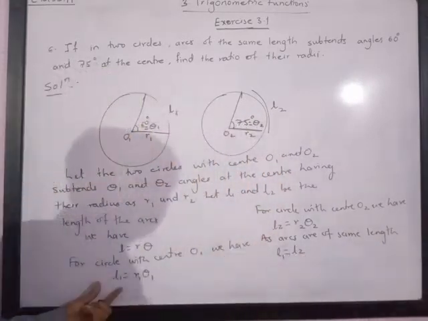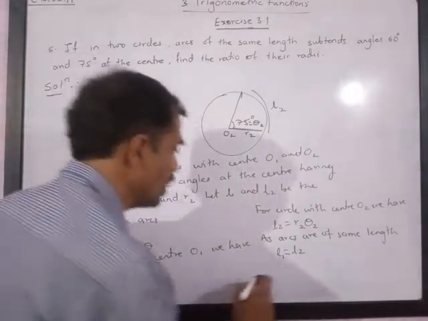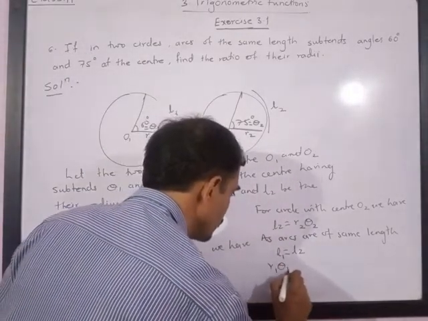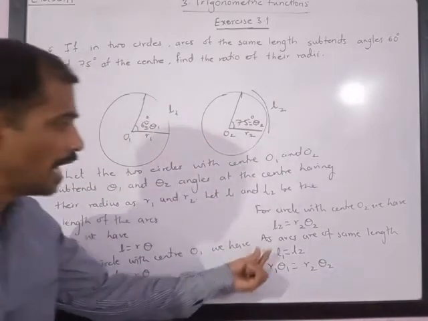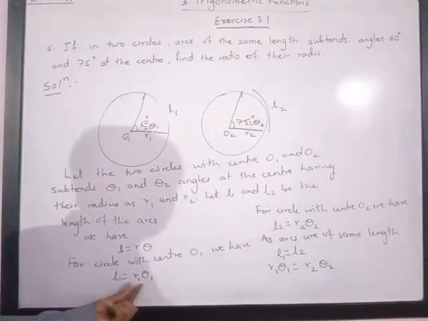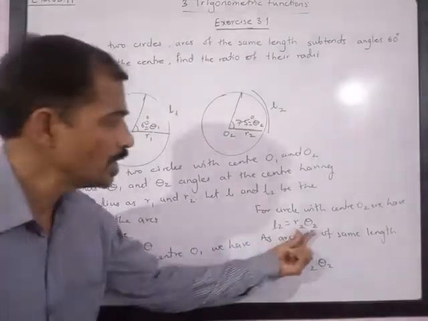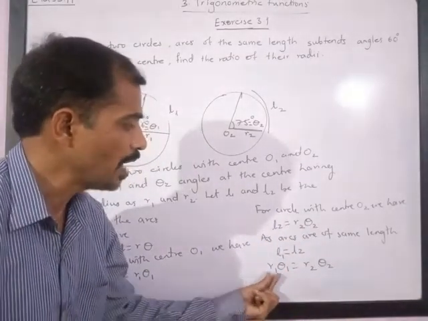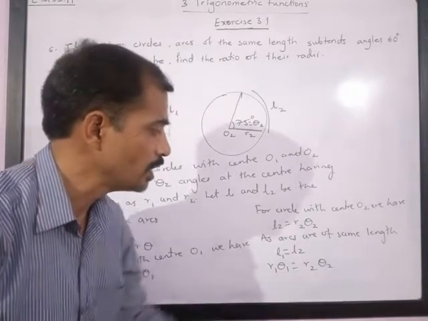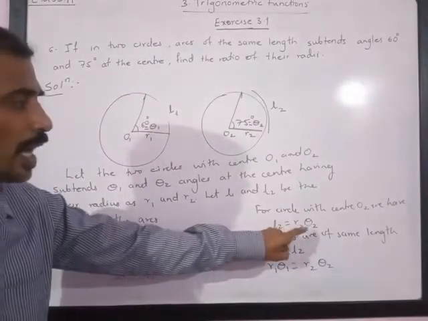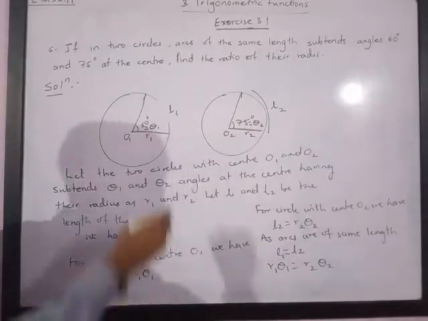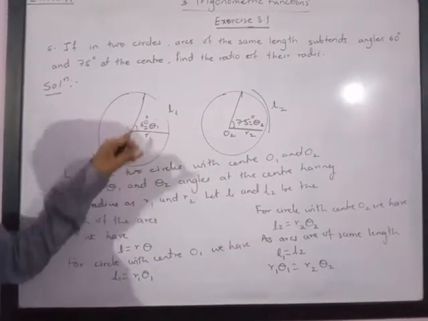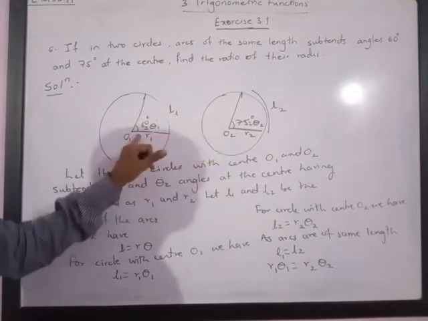So if L1 is equal to L2, we get R1 theta 1 is equal to R2 theta 2. Understand this. L1 is equal to R1 theta 1 and L2 is equal to R2 theta 2. But for this formula, we need theta in radians, and it is given in degrees. So we need to convert these degrees into radians.